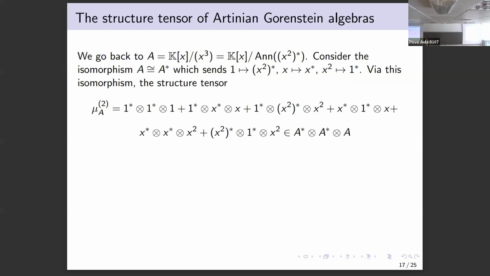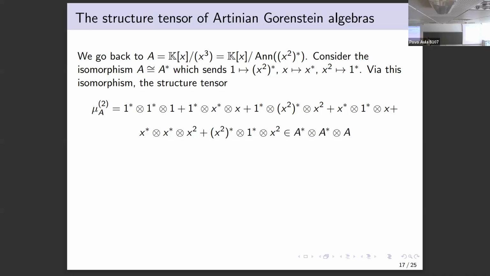Let's verify this with the previous example. So again, this was the algebra we started with. Now I can see that this is a Gorenstein algebra because it's the annihilator of x squared. Why? Because if I derive x squared, I get x. If I derive it two more times, I get 0.